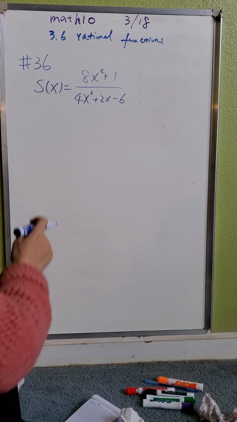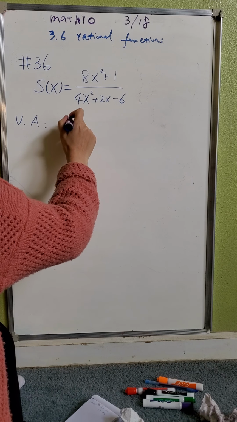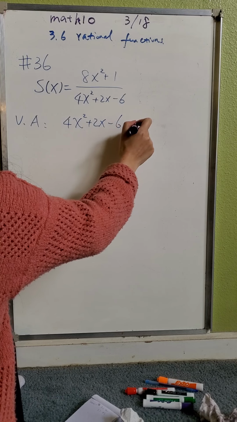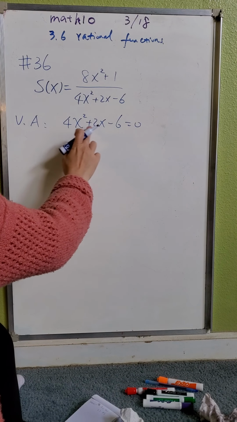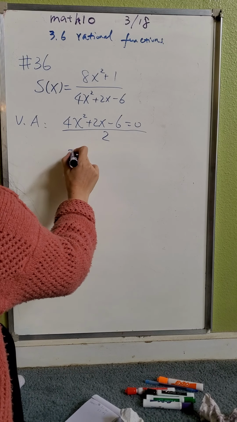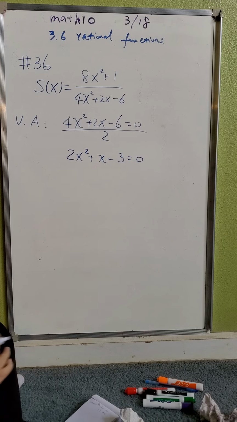We're going to do the same thing. For the vertical asymptote, the denominator equals 0. You can see they all have a 2, so we're going to divide everything by 2 to make it easier: 2x squared plus x minus 3 equals 0.